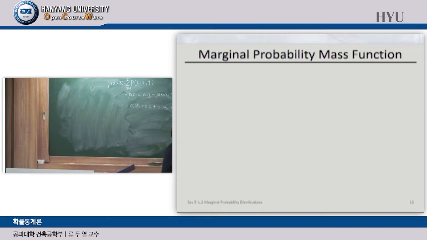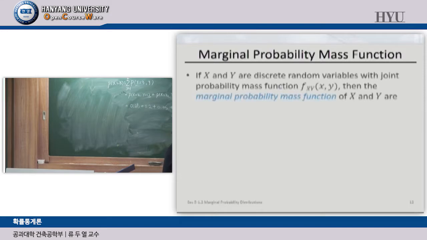And what is the marginal probability mass function? If x and y are discrete random variables with joint probability mass function fxy(x, y), then the marginal probability mass function of x and y can be written as follows. Firstly, the marginal probability mass function of x is equal to the probability of x when x is equal to small x.